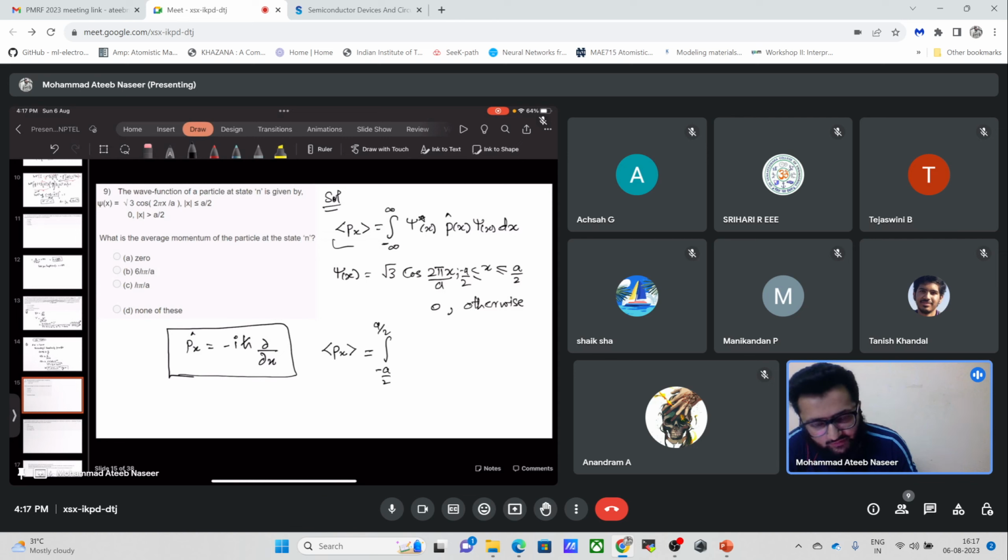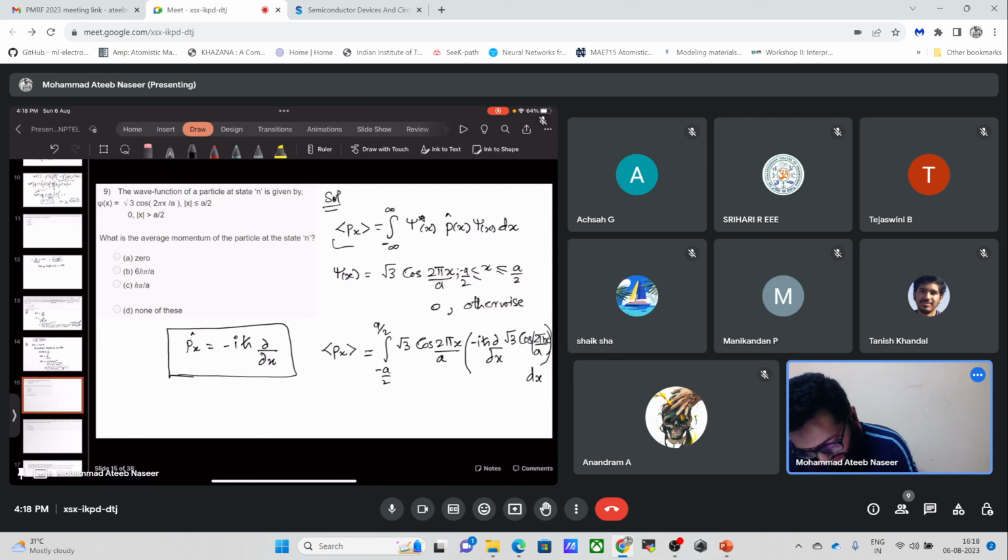Since this function is 0 otherwise, this will be root 3 cos of 2 pi x by a, and this would simply be minus iota h bar d by dx root 3 cos of 2 pi x by a integrated over the x space.